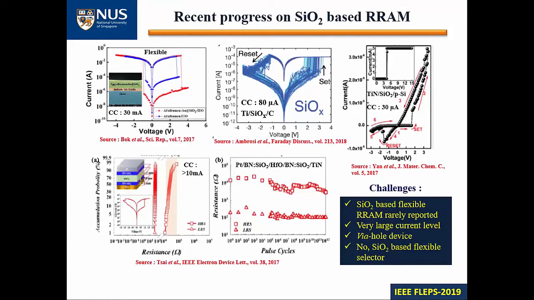Also, for the 3D cross-point architecture, we need not only the RRAM, but also a selector, but there is no silicon oxide-based selector reported. And our work reported here will target such issues.